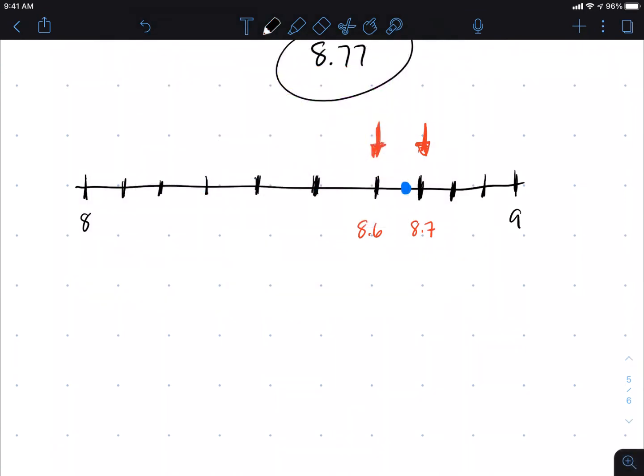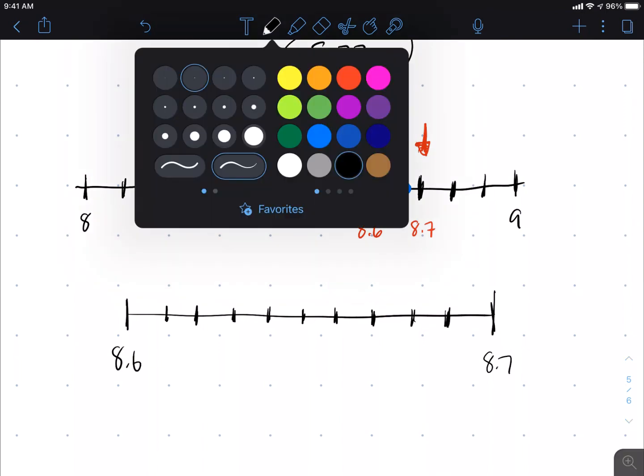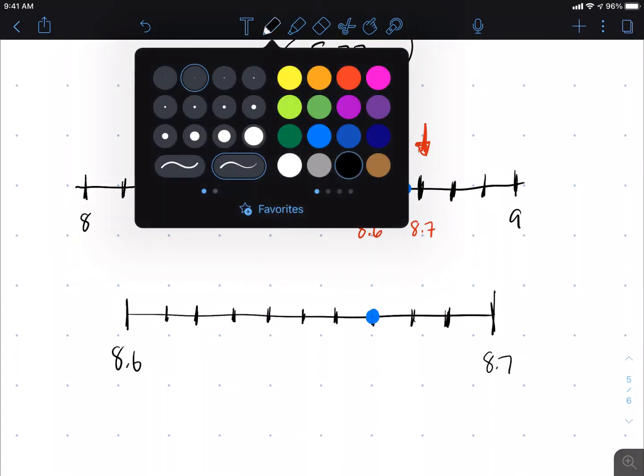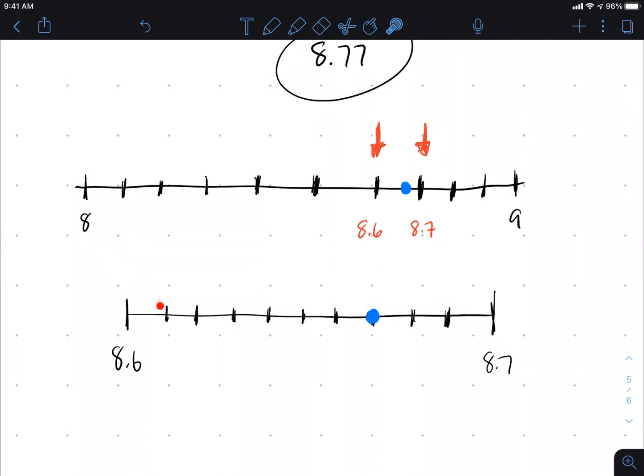Then from there, I'm going to zoom in on that. Here is 8.7, here is 8.6, and again I'm going to do 9 lines, and put my blue dot right here. Now, how many jumps did I have? 1, 2, 3, 4, 5, 6, 7, 8, 9, 10.